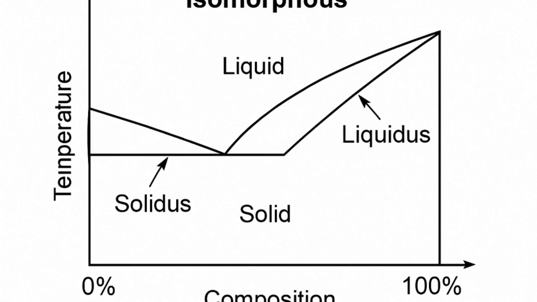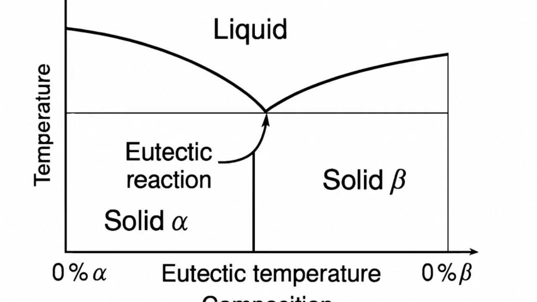A classic example is the copper-nickel alloy system, widely used in coinage and marine applications due to its excellent corrosion resistance.